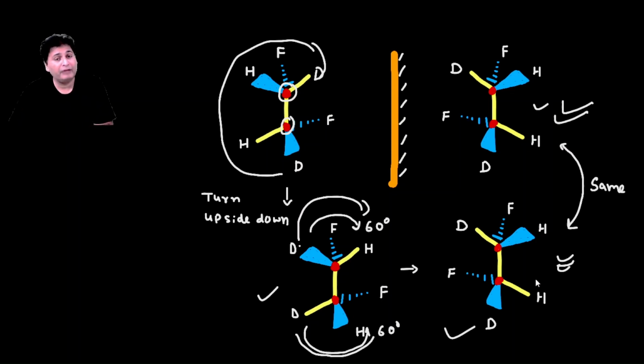However, I have given a few tricks also to see whether chirality may be there or not. The very important one is if you have just one chiral carbon, the compound will be chiral in nature. If you have more than one chiral carbon, you may or may not have chirality.